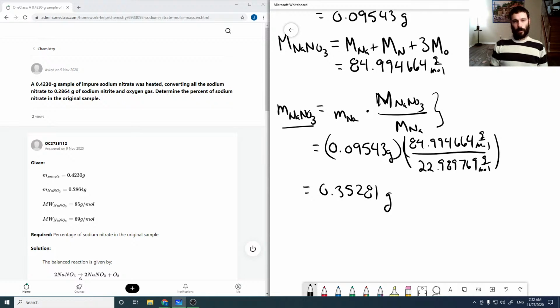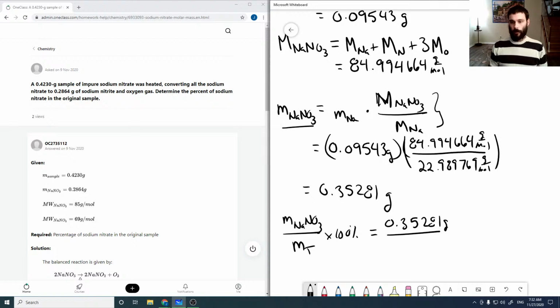And so it wants a mass fraction. So our mass of sodium nitrate over our mass total times 100%. 0.35281 grams over 0.4230 grams, times 100%, which is equal to 83.41%.